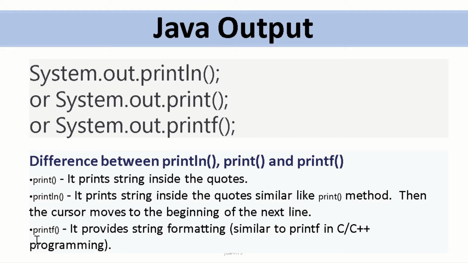Another output method is printf. It provides string formatting similar to printf in C++ programming. We will have examples of how they are used in Java once we have our demonstration of Java code. So that's Java output.